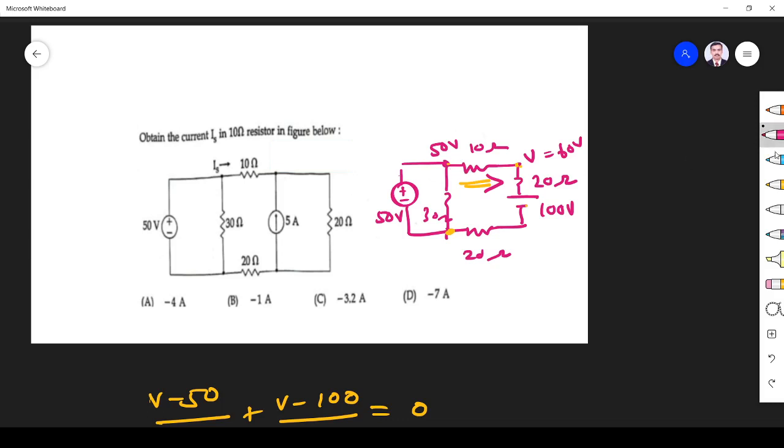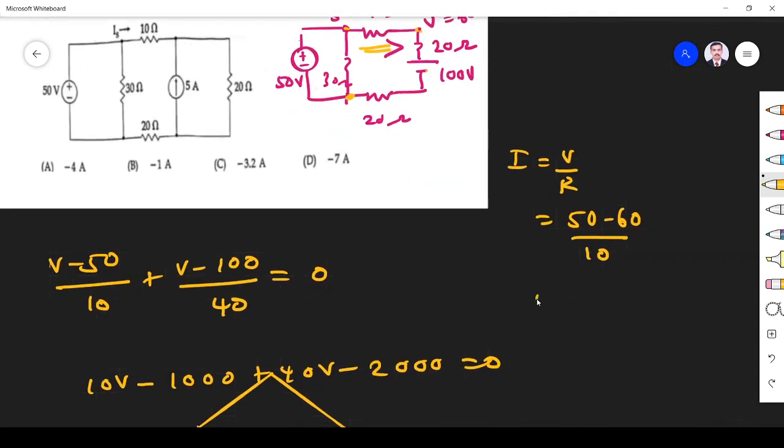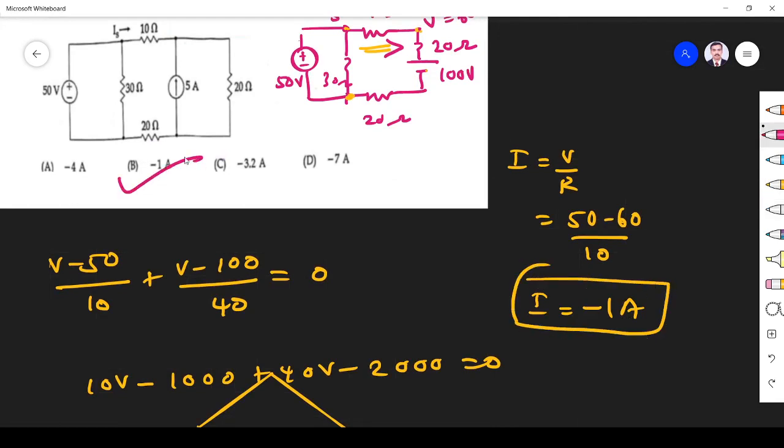I want to find the potential between these two points, so I is equal to V by R. V is the potential difference between these two points, here 50 volt, here 60 volt. So 50 minus 60 divided by R, which is 10. So I is equal to minus 1 ampere. So option B is the right answer.